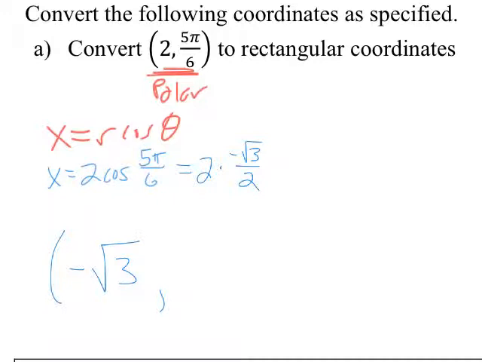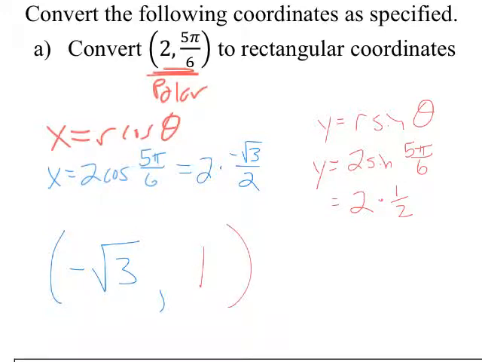Now we go to our y-coordinate. We know that y is r sine theta. Y and sine travel together. And so we can say y is equal to 2 times sine of 5 pi over 6. And our unit circle tells us sine of 5 pi over 6 is equal to 1/2. So 2 times 1/2 is 1. So there we go.